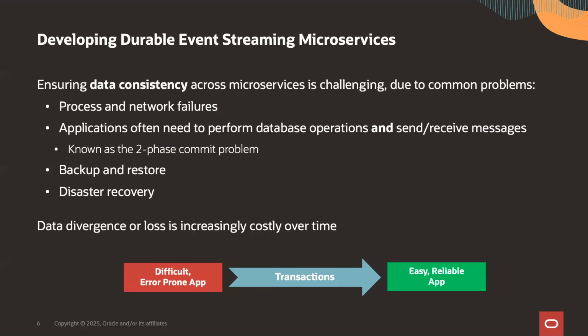Applications also often need to perform database operations at the same time as sending and receiving messages. When database operations, like inserts or updates, are combined with sending and receiving messages, care must be taken that if either action fails, the corresponding rollback operation is performed, to ensure no data is lost or corrupted.